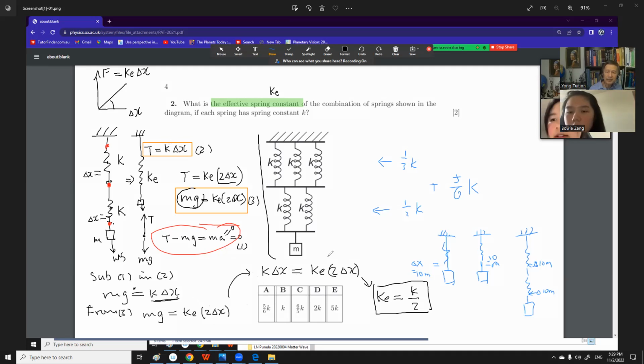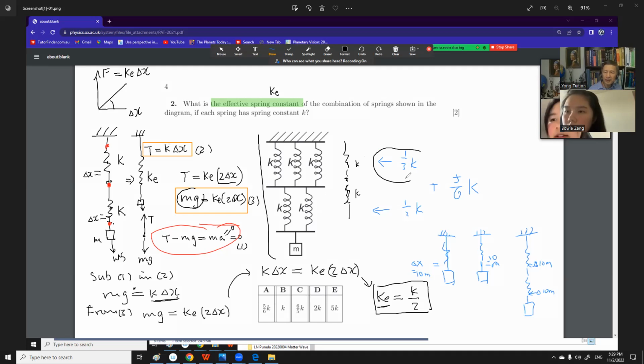The displacement is doubled in this case. That is why the effective spring constant is halved. If you put identical springs with identical k in series, then the effective constant will be halved. Can you see this?